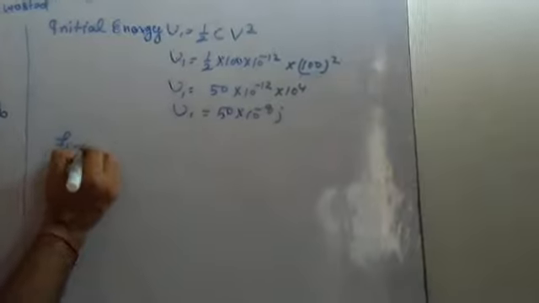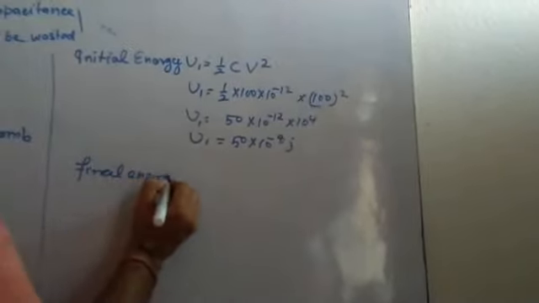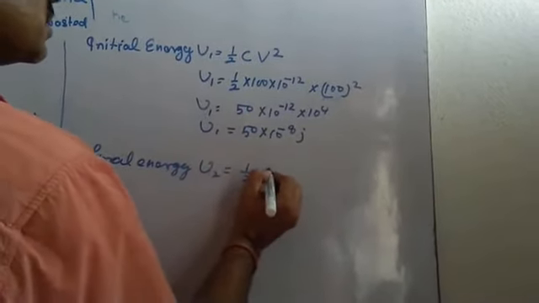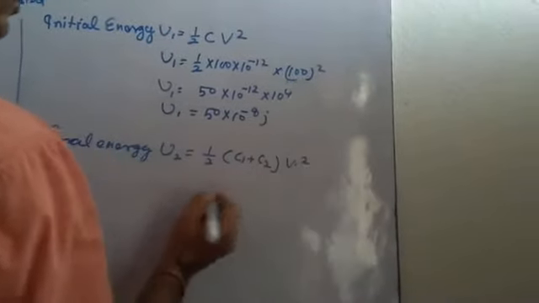Final energy U2 equal to half (C1 plus C2) V dash square.